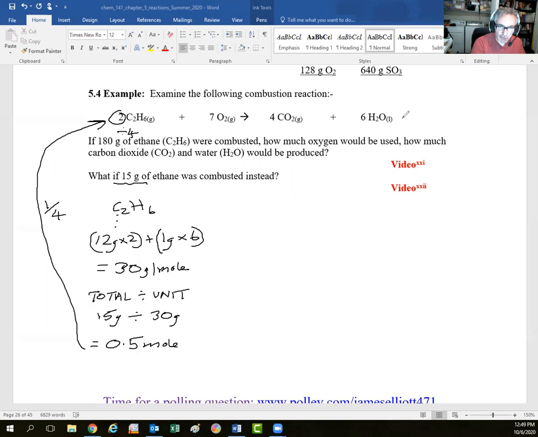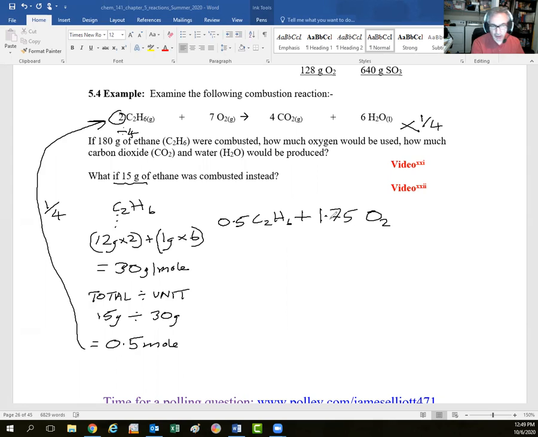And so we're going to have to do this to everything in the expression. It's 1/4 of the original values. And so that's 0.5 moles of ethane, C2H6. And then 1/4 of the oxygen, 7 divided by 4, that would be 1.75 moles of oxygen gas.